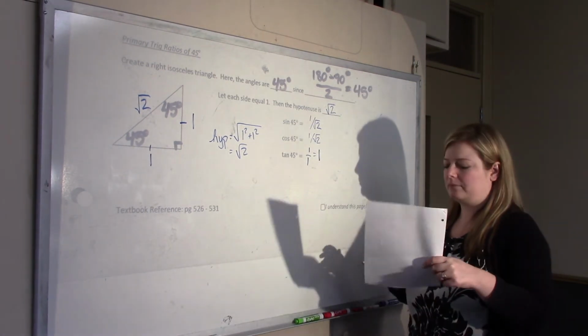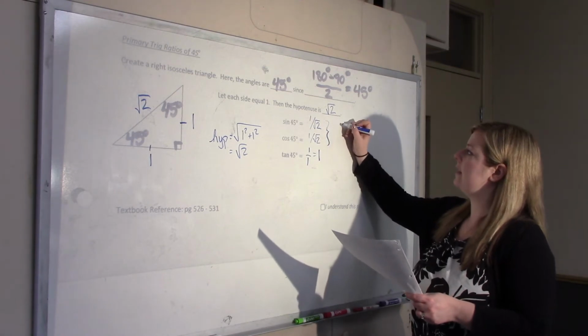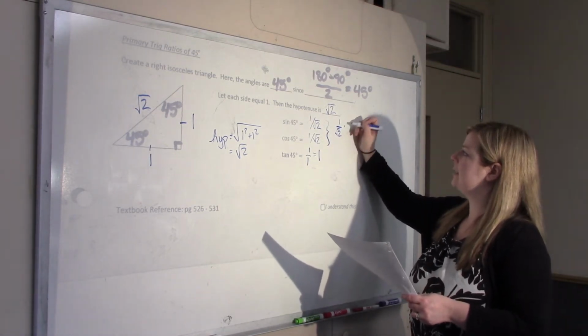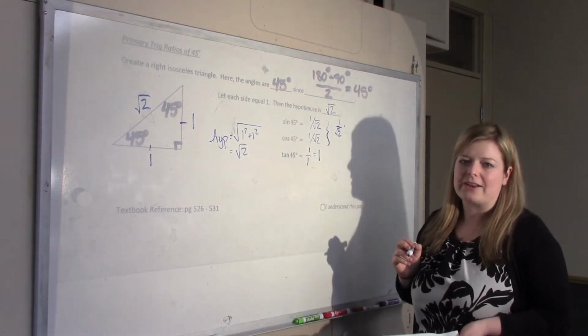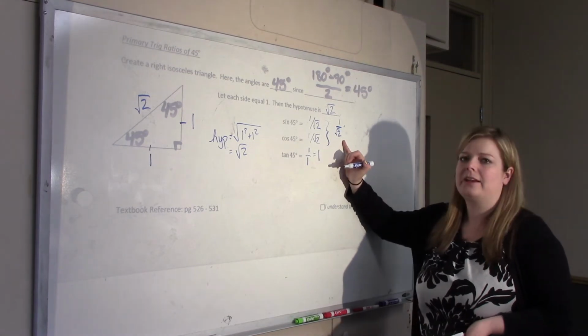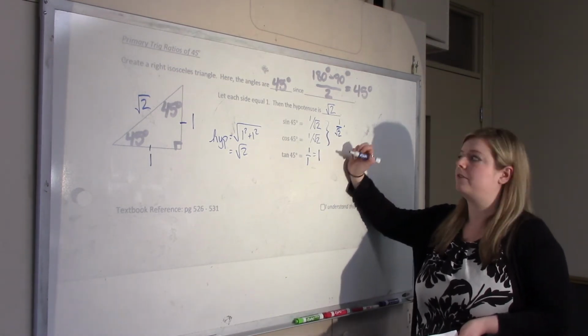Now, I should mention to you here that another way of writing 1 over root 2 is you do something called rationalizing the denominator. This is important because in math, sometimes we don't like to have a square root on the bottom, on the denominator of a fraction.